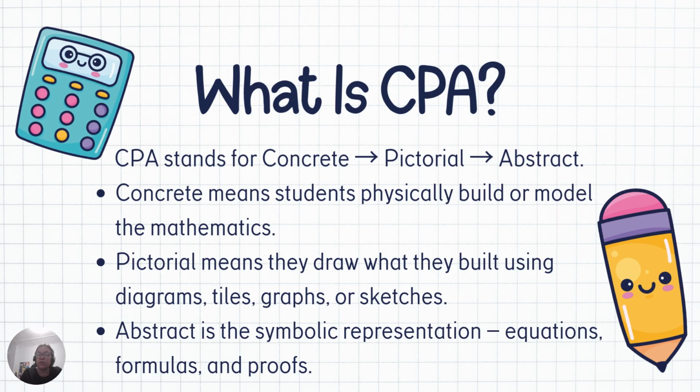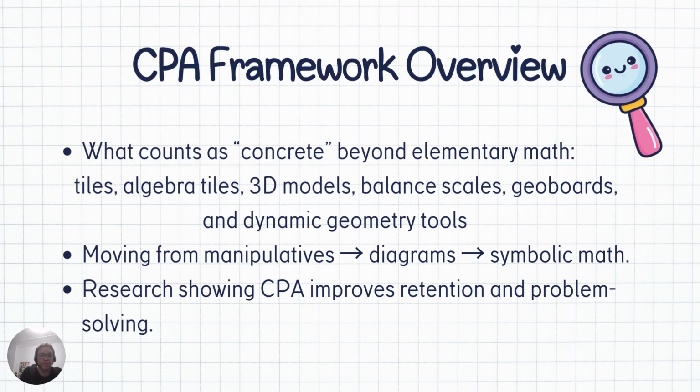Even though students are moving into symbolic algebra and formal geometry, CPA still builds conceptual understanding before procedures, helps struggling learners transition to abstraction, supports multi-step reasoning, and makes algebraic and geometric ideas visual and tactile. So, yes, it's not only possible but very valuable for pre-algebra, algebra 1, and geometry.